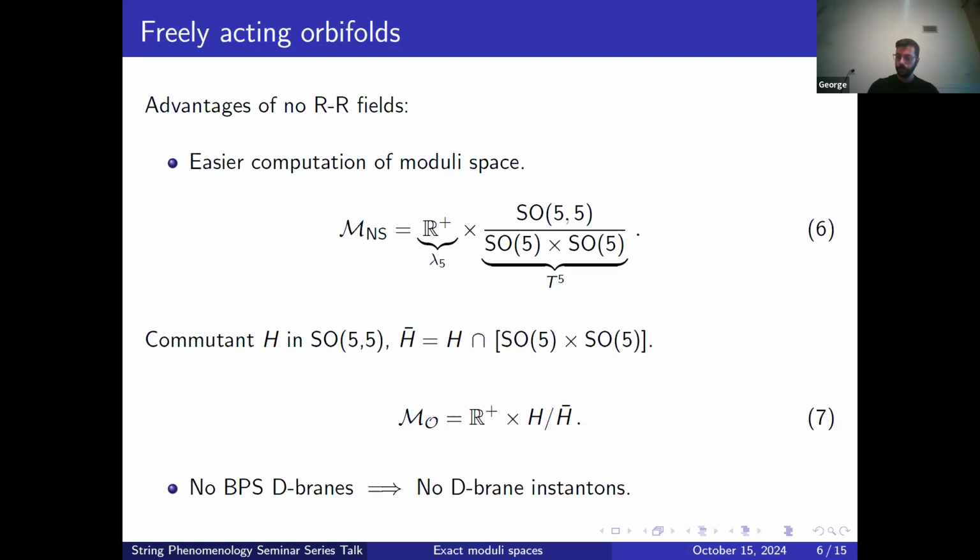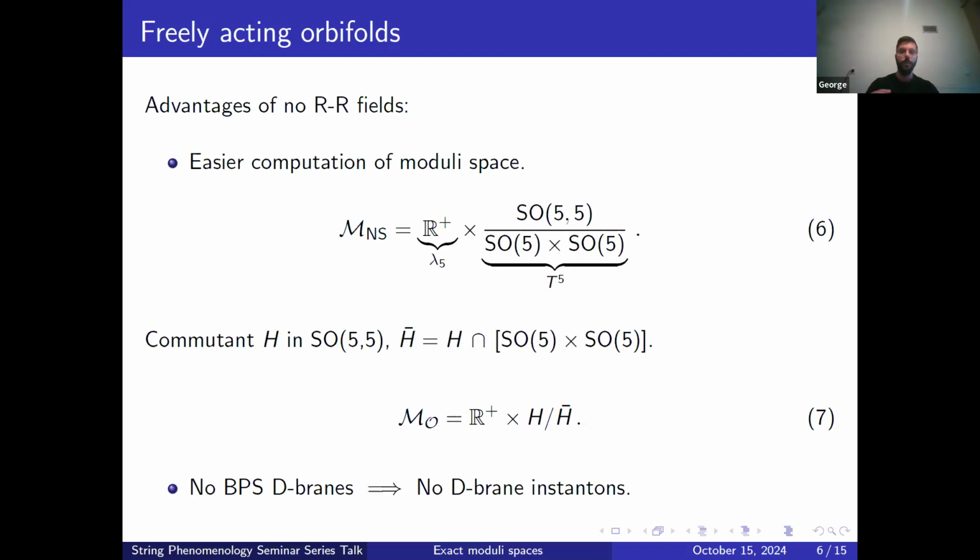Now, in all the orbifolds that we construct, the dilaton is invariant under the orbifold action. So in the orbifold moduli space, this R plus factor will always be present. But the rest of the scalars associated with the 5-torus will not in general be invariant under the orbifold action.